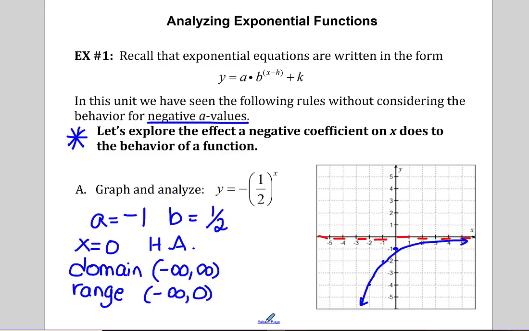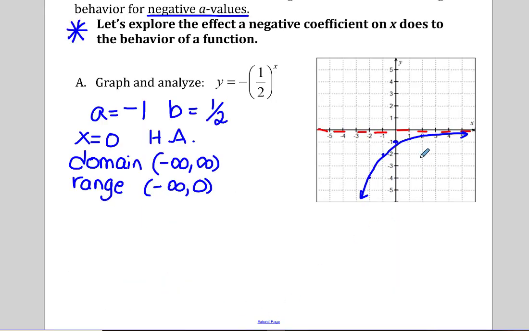to 0. And then I can look at the graph and I know that the a value being negative caused the graph to reflect over the x-axis. Reflect across the x-axis.